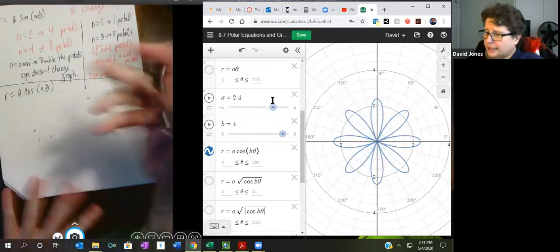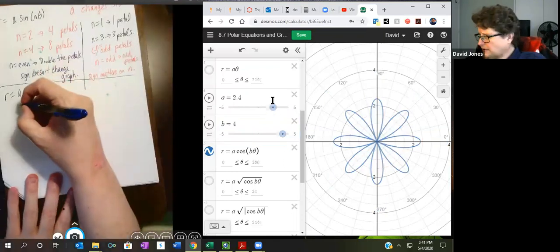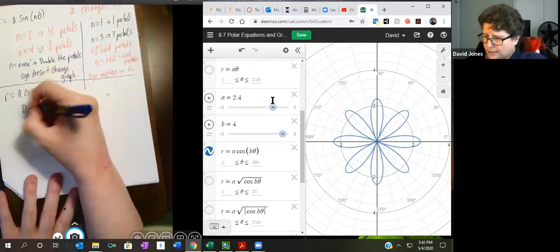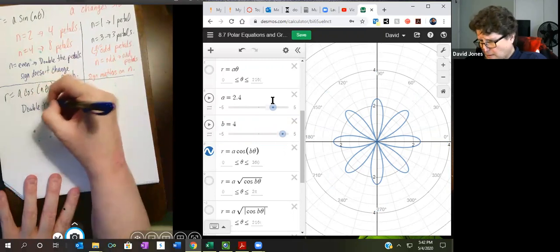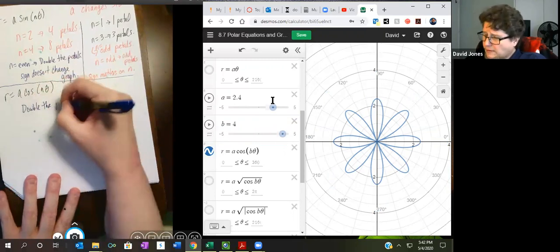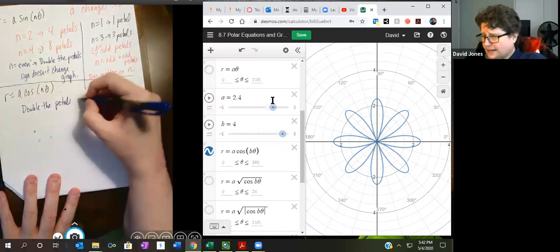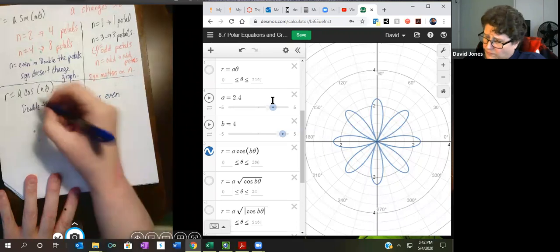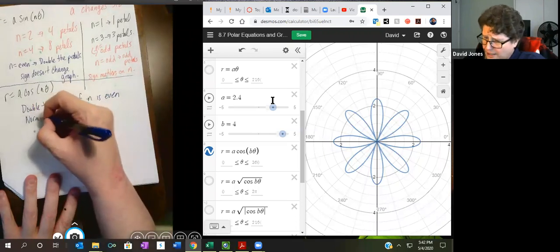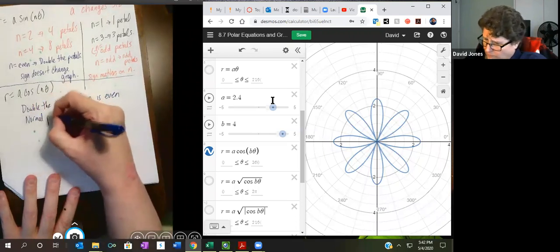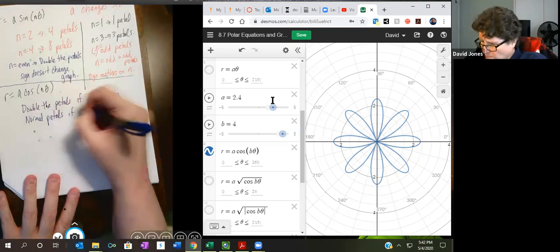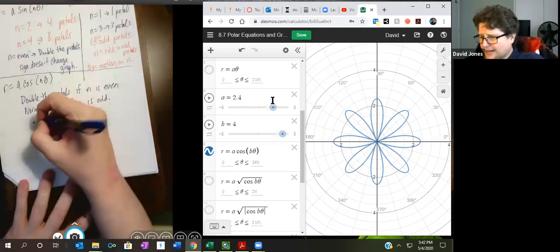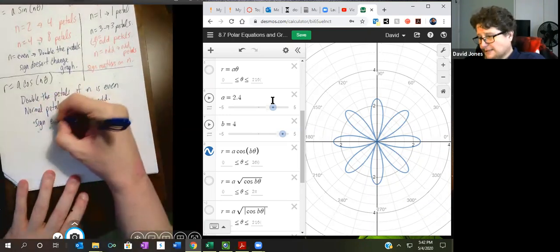So for cosine, we have double the petals if n is even, normal amount of petals if n is odd. And the sign affects nothing.